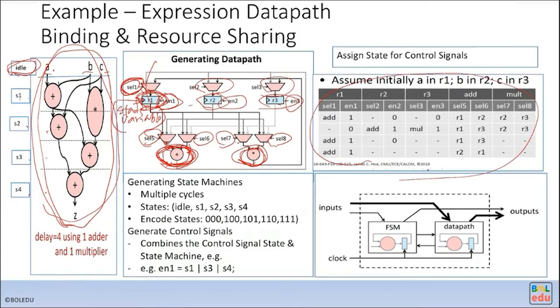And then you will try to draw this table. First you figure out the 2 operators, and then how many state variables you have. So the question here: you have 3 state variables. Is that enough? The state variable is a register. If you look at this scheduled DFG, for every clock edge, how many data will pass through this edge?